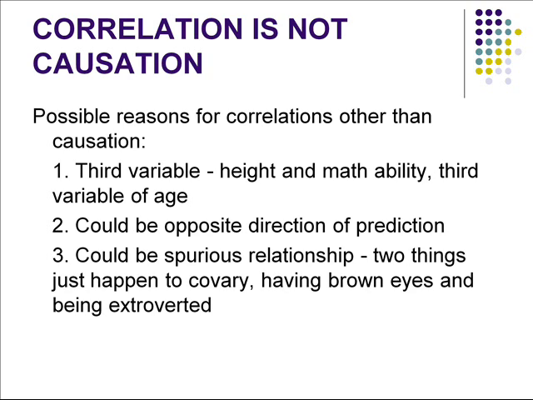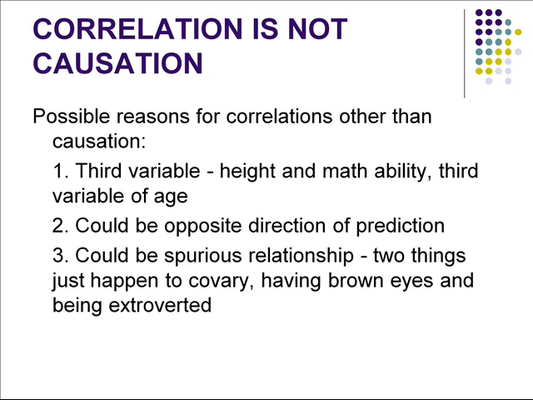This doesn't mean that taller people are better at math, but rather age leads kids to grow taller as well as have increases in math ability. The second reason is the direction of the causal relationship could run in an opposite direction to what you expect. Rather than variable x causing changes in variable y, it could be variable y causing changes in variable x.